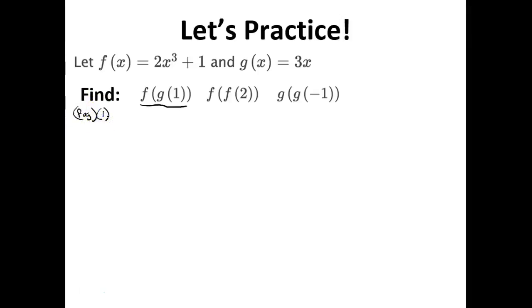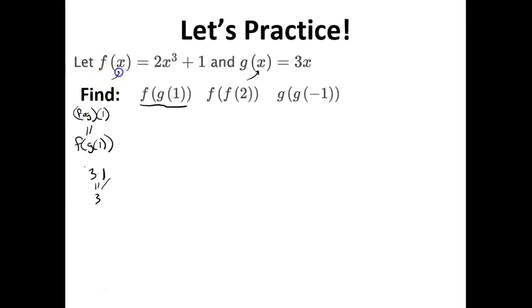The way that works, f of g of 1, is we're going to take the number 1 and put it into the function g. So we take 1 and put it into this function and follow this set of directions. Whatever we put into g says to take that and multiply by 3. When we multiply by 3, we get out 3. After we've done that part, we take what we get out and put it into the function f.